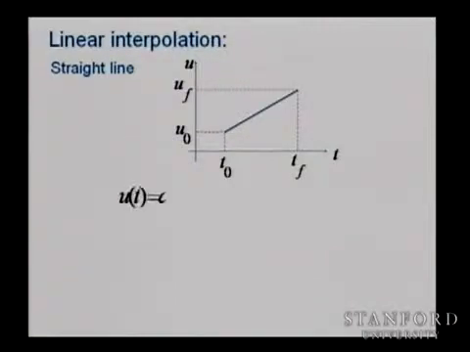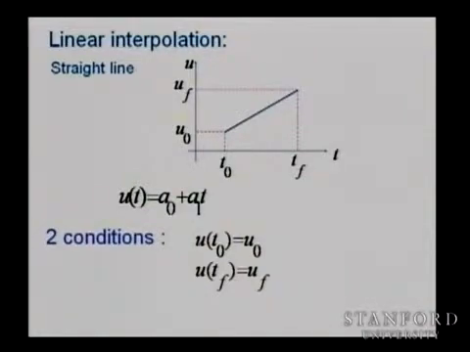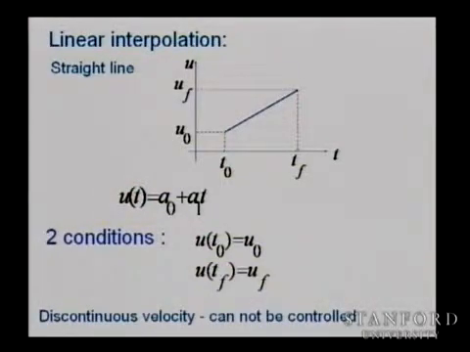There are no more conditions that we can satisfy in this case, because we have two parameters, a sub 0 and a sub 1, and two conditions, and that uniquely defines our motion. That was the problem: if we take an acceleration here, it will just be a sub 1, whatever value comes in from those two conditions, and we cannot control it. So we have discontinuous velocity.